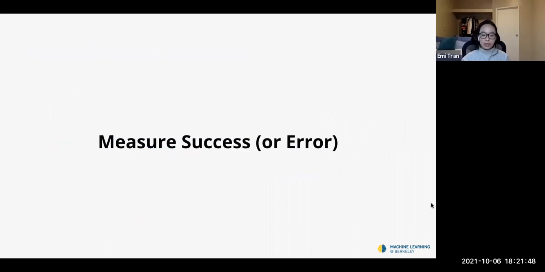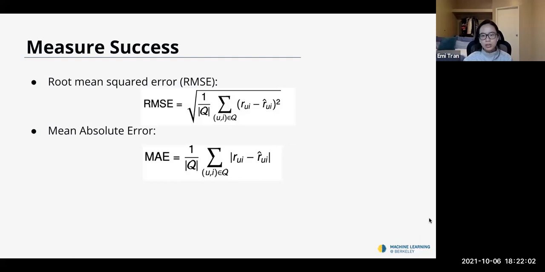And so after you use a Bayes classifier or KNN, how do you measure the success of your model? There are two mostly used ways.